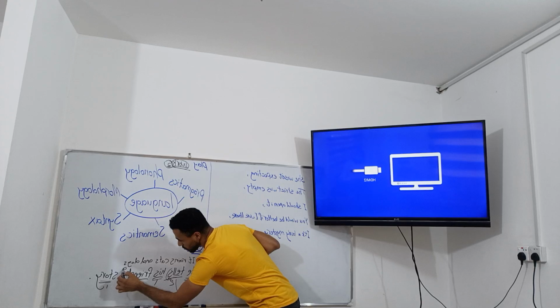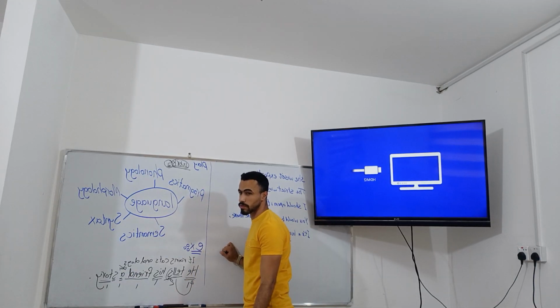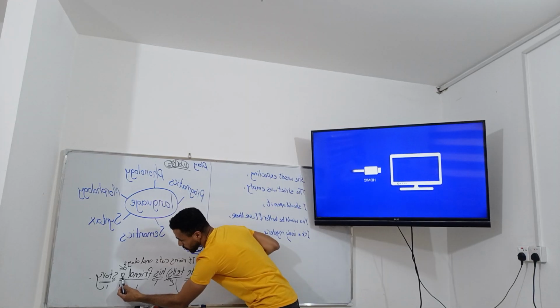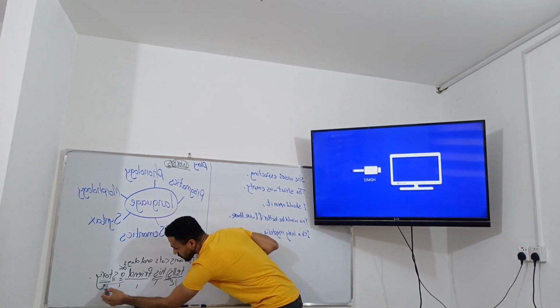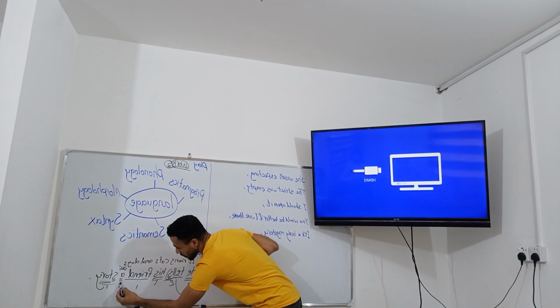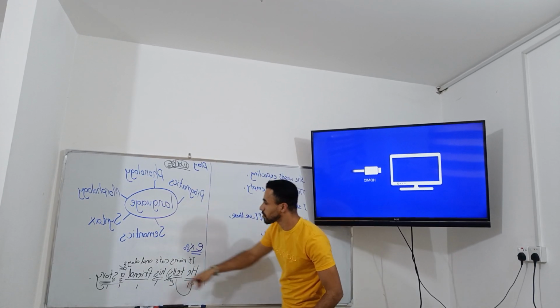I can say here an, because the sound here is consonant, not a vowel. So I have to say a story, not an story. So there is also an agreement here between the article and the noun, story.